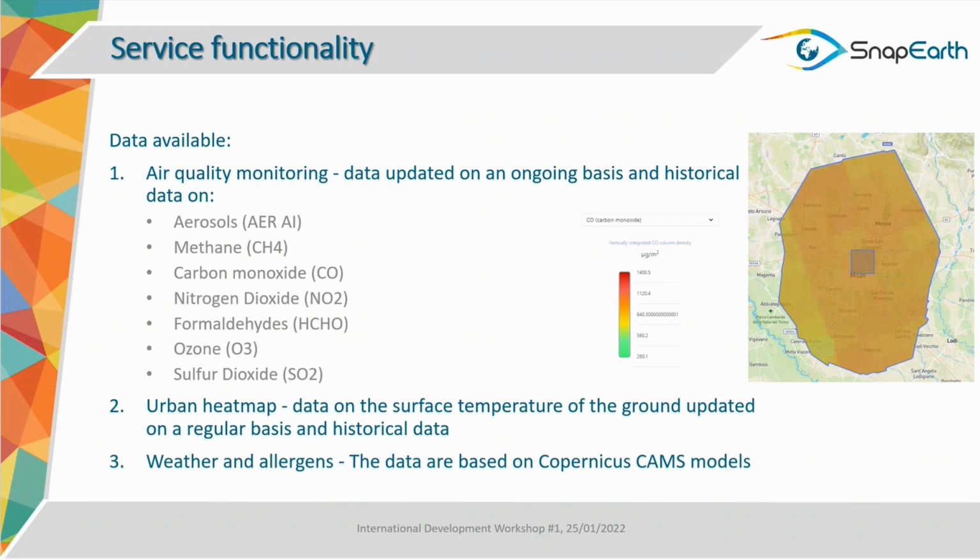Of course, we can go back to the beginning of monitoring of the Sentinel-3 satellite. And the last one, as I said, is weather and allergens, a database of Copernicus CAMS models. In this third one, weather and allergens, we also have a forecast.